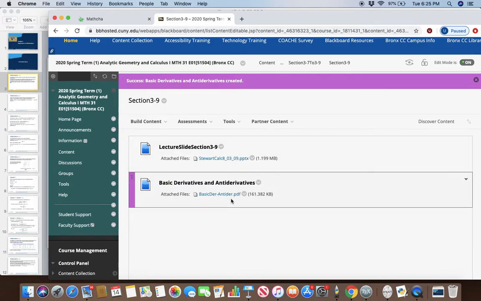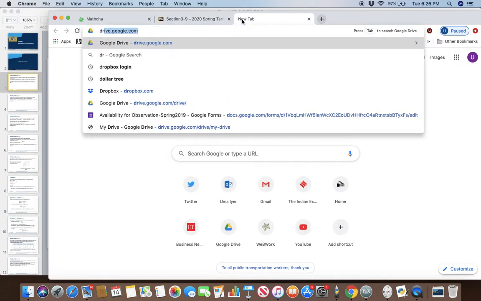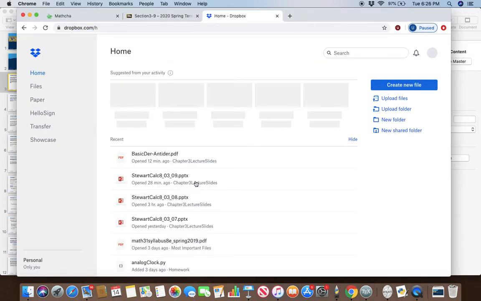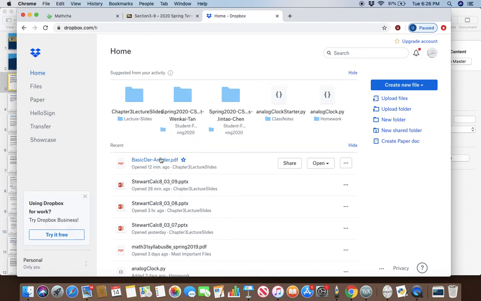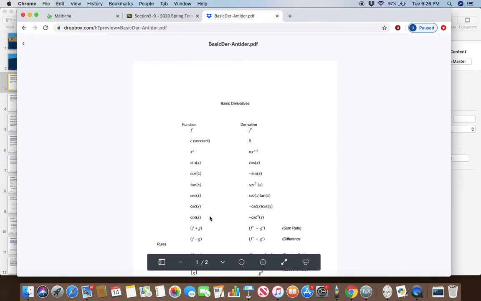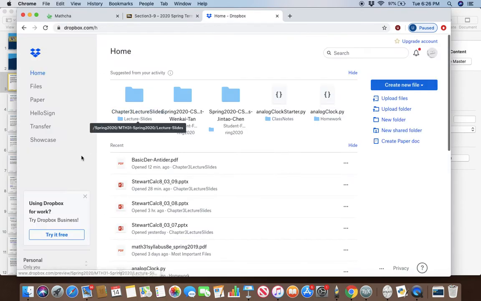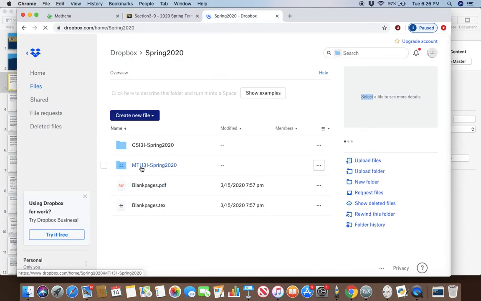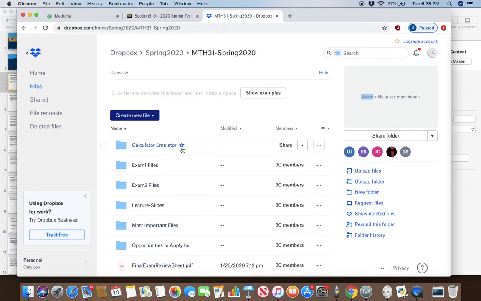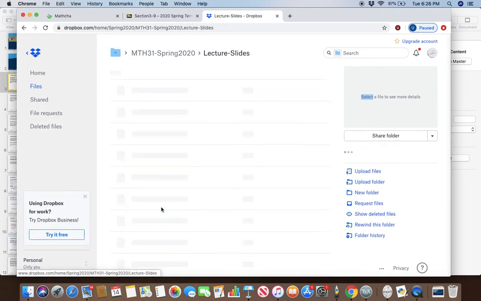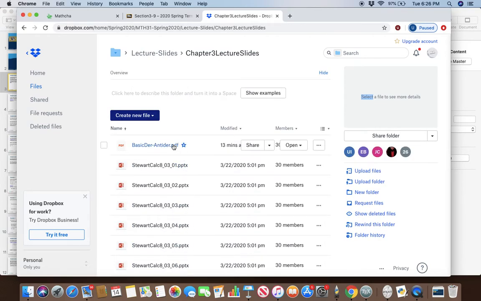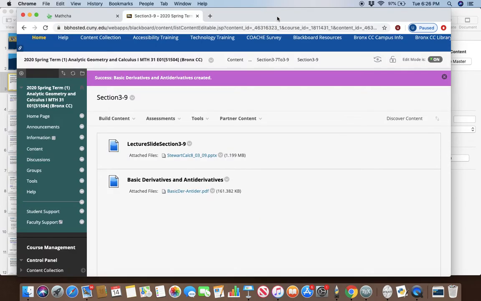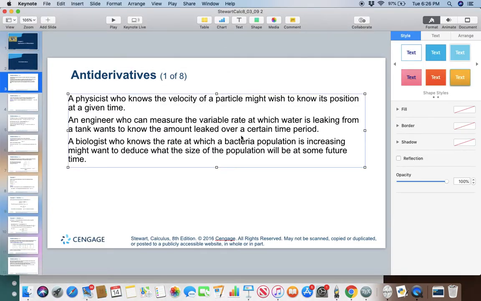This information is also available on Dropbox, in our course along with the lecture slides. It's part of chapter 3. This is important information you will need soon.